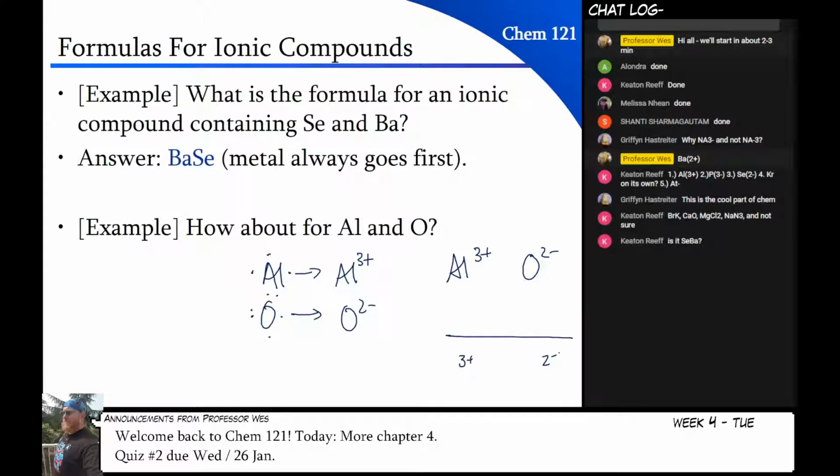Do the charges balance out? Nope, I need more negatives. Oops, now I need more positives. Oops, I need more negatives again. Now they balance out. 6 plus and 6 minus, Al2O3.